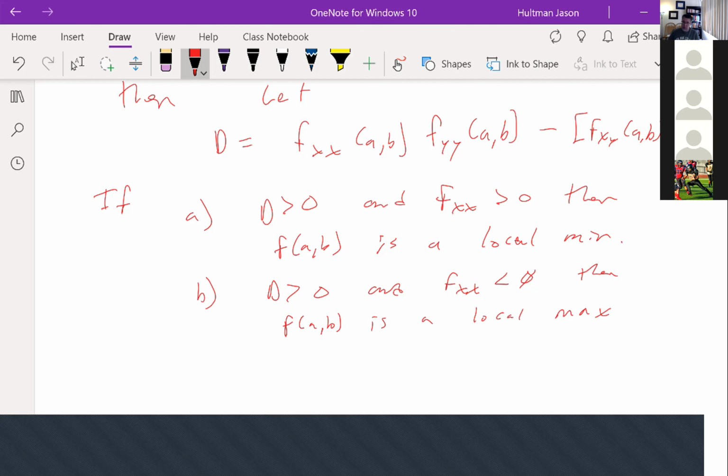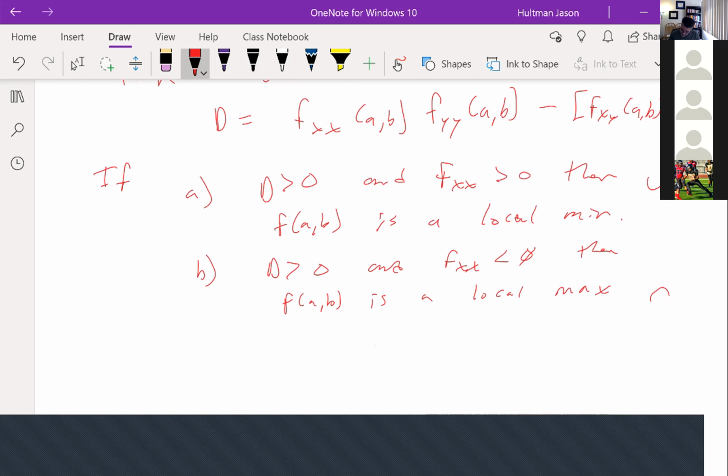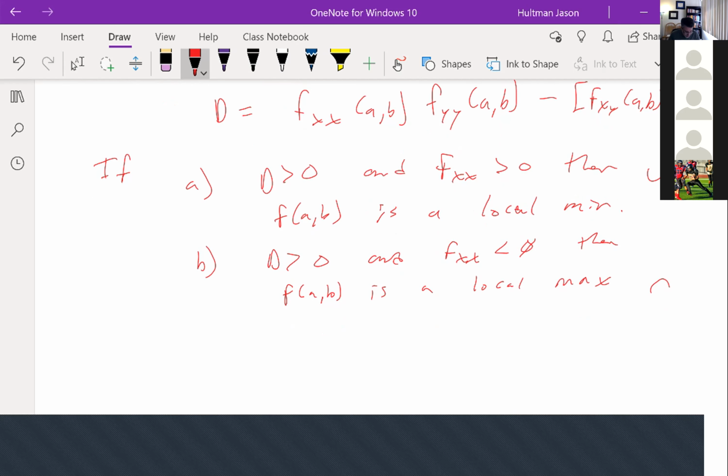So if x is concave down, but D is greater than 0, then it's a max. Think of it as concave down, and think of this as concave up. Now, what happens if D is less than 0?